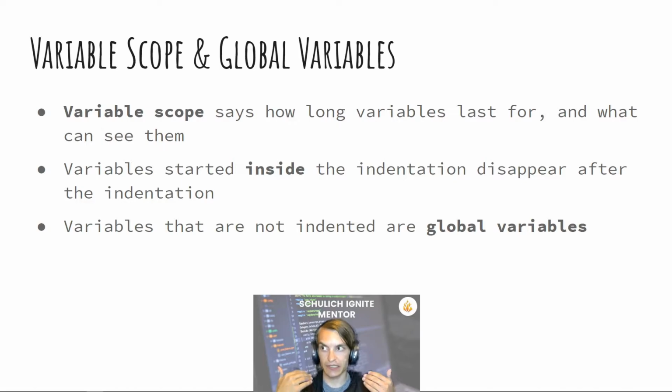Because if we ran it again and we didn't have that line x equals 10, Processing wouldn't know what we were talking about. It doesn't know what x is inherently. So we need to tell it what we're talking about when we talk about x.